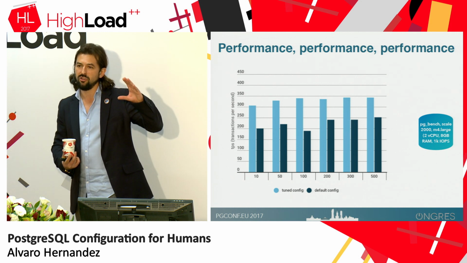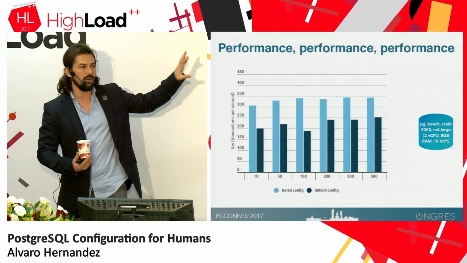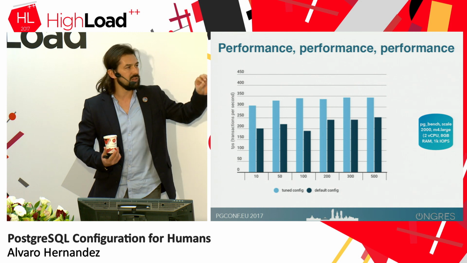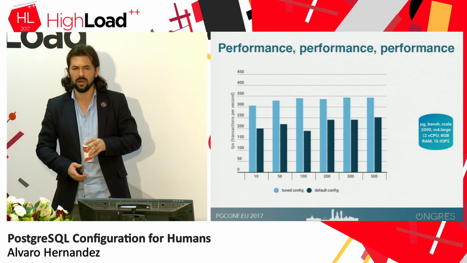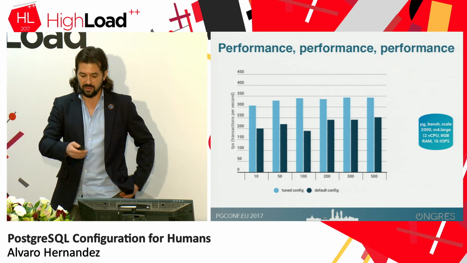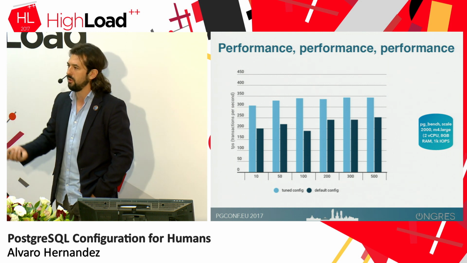On higher-end machines, the difference is significantly higher. But I just wanted to show it on a normal, middle-class machine. Just tuning some parameters, I think this configuration was just 15 or so tuned, not a lot of them. What a performance advantage it is already in terms of transactions per second. Higher is better. We're talking about transactions per second.